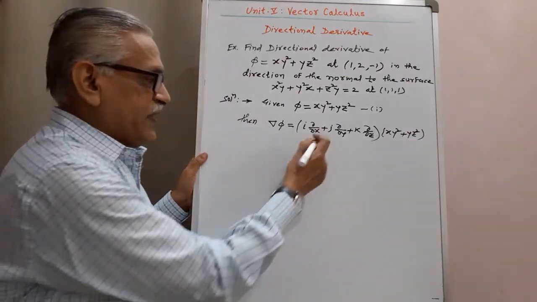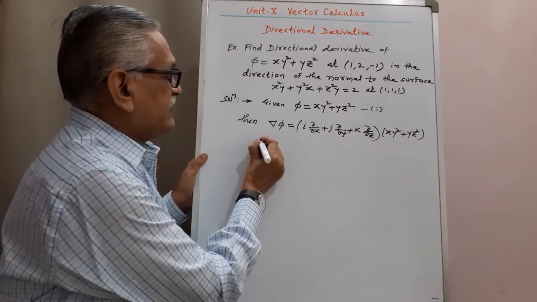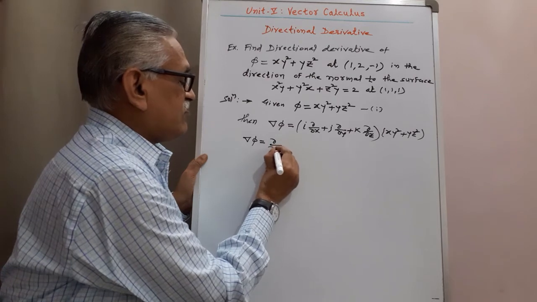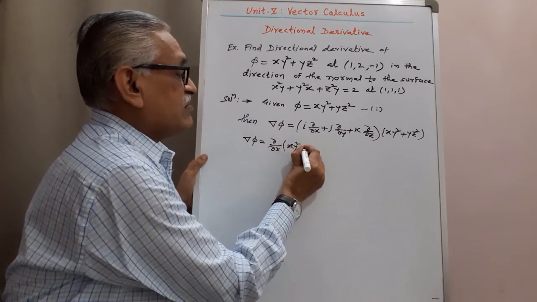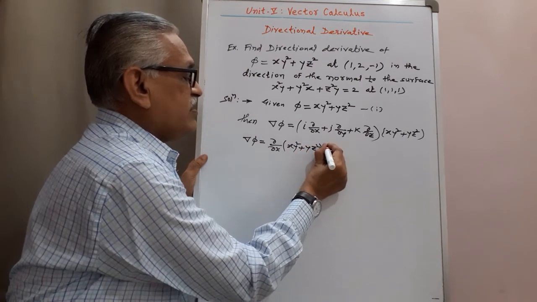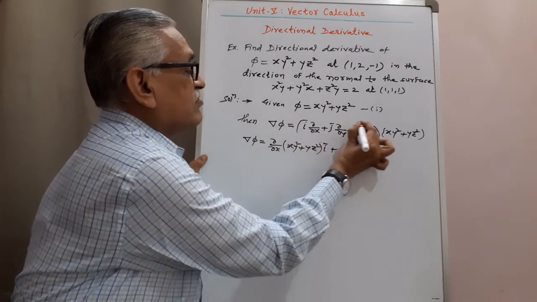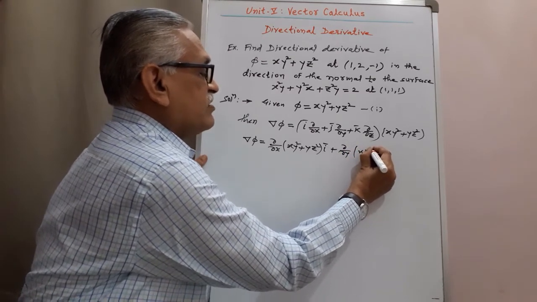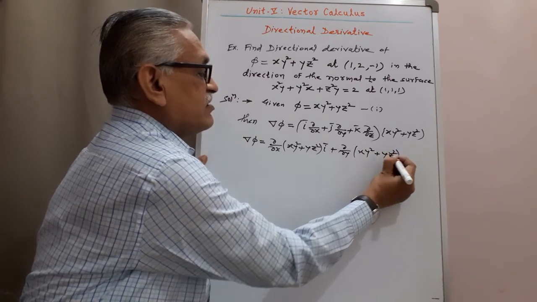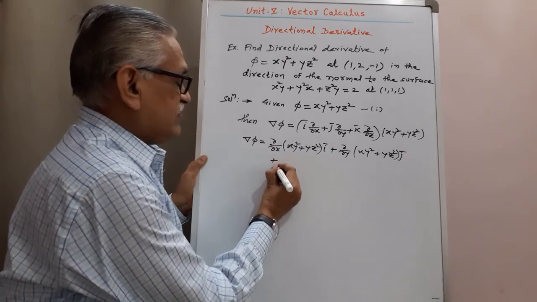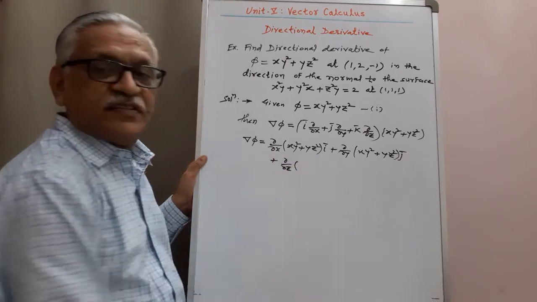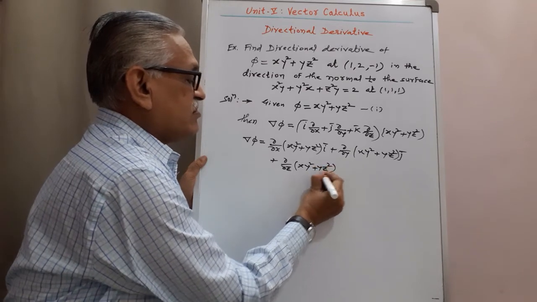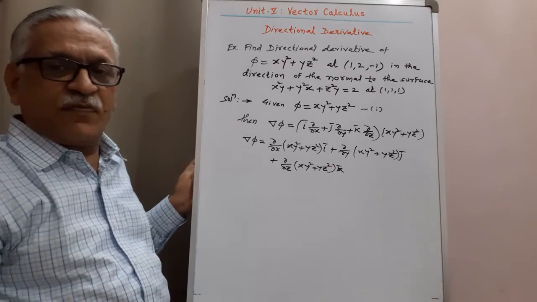Therefore grad phi is equal to dou by dou x of (xy square plus yz square) into i, plus dou by dou y of (xy square plus yz square) into j, plus the partial derivative with respect to z of (xy square plus yz square) into k.